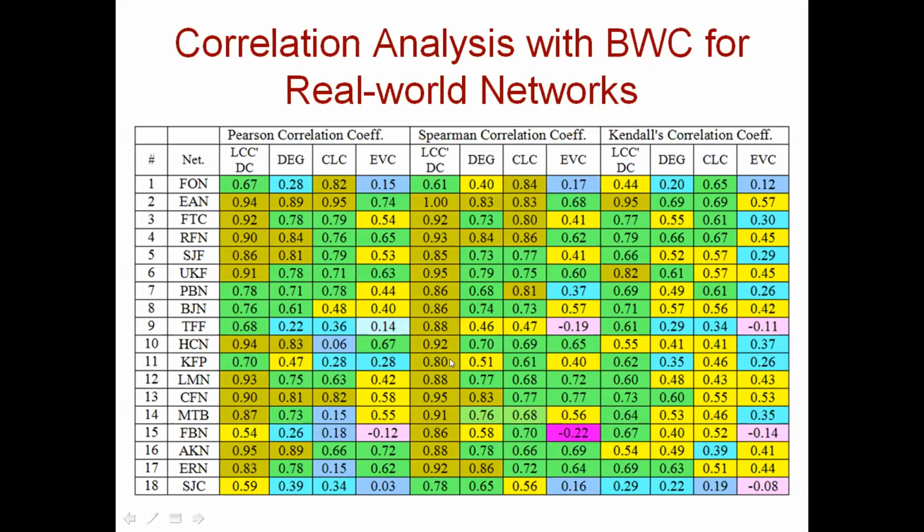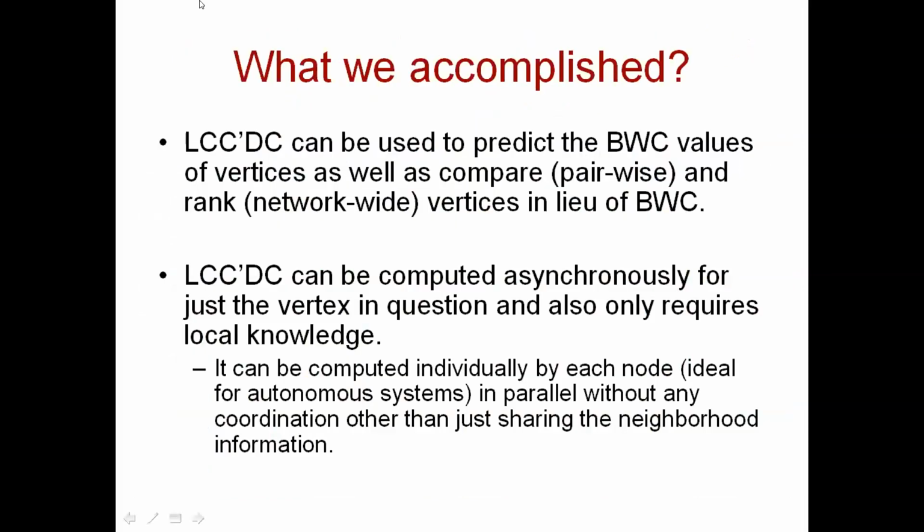So with respect to all three measures, pairwise comparison, prediction, or network-wide ranking, you see LCC prime DC could be a good alternative for betweenness, and that's the kind of contribution in our research here. LCC prime DC can be used to predict the betweenness values of vertices, as well as compare pairwise and rank vertices network-wide.